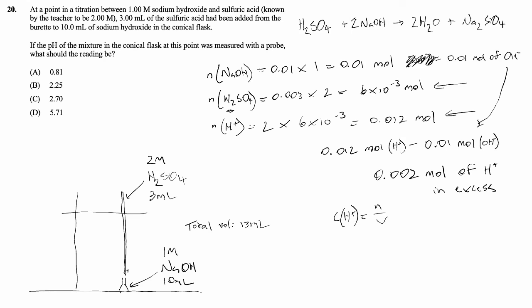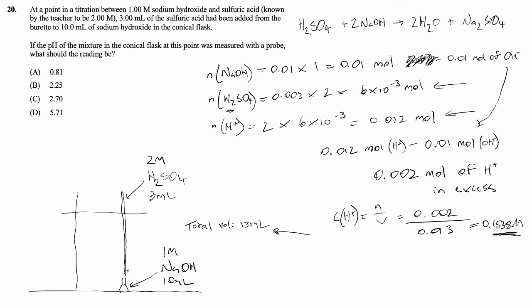We have N, which is 0.002. So that's going to be 0.002 over our volume. And remember over here, we worked out that we had a total of 13 mil. So that's 0.013 litres, which gives us 0.1538 mole.